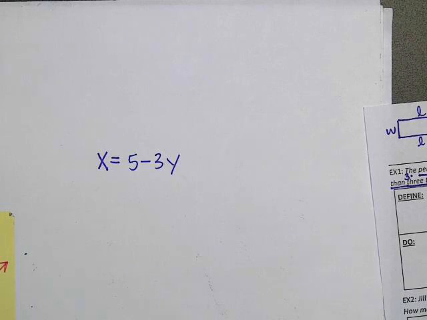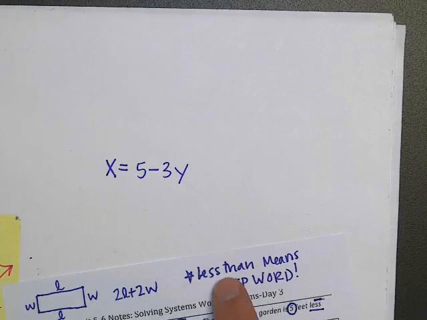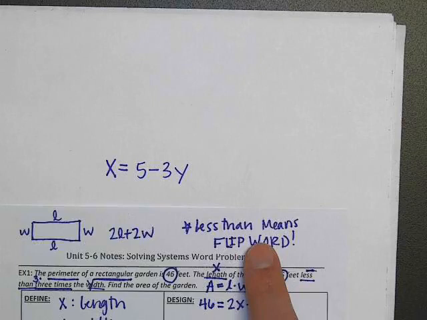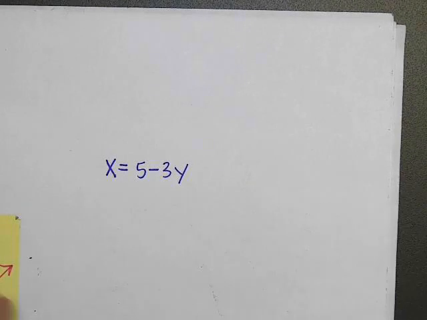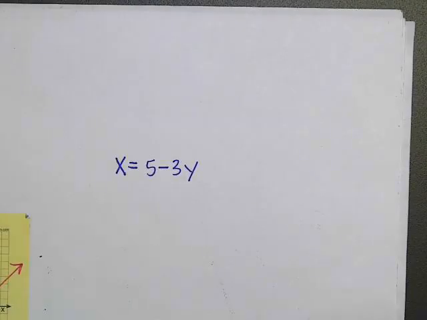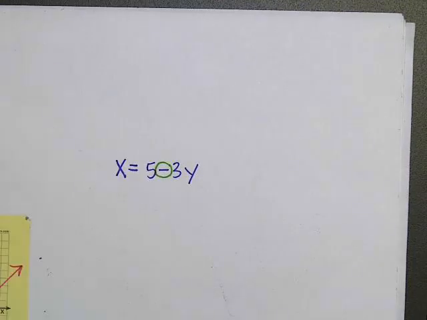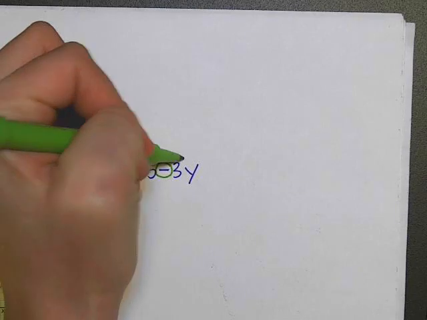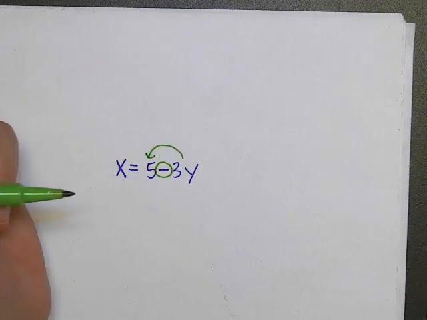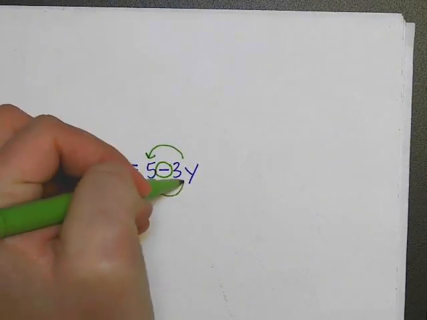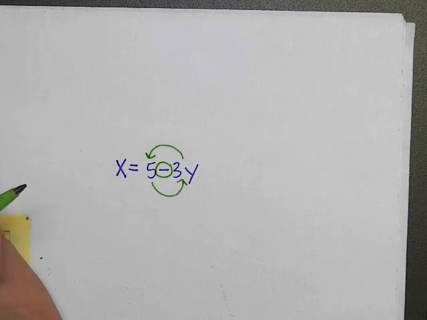But what did I say about the word less than? It means flip word. So the minus sign is the less than, and it's a flip word. That means whatever's behind it has to be written in front, and whatever's in front has to be written behind. You have to flip it because it's subtraction.